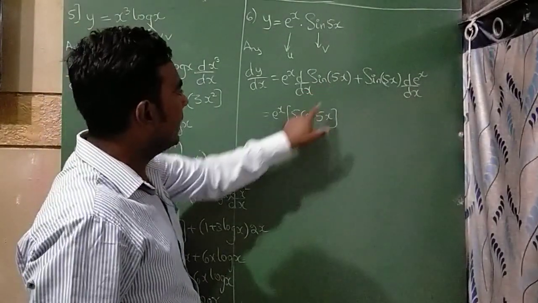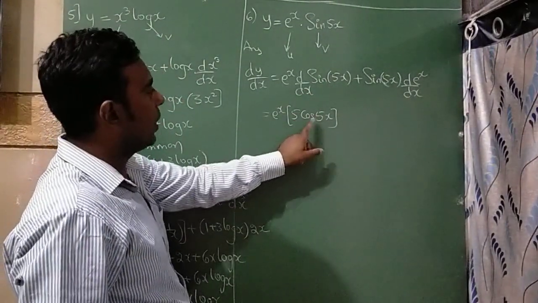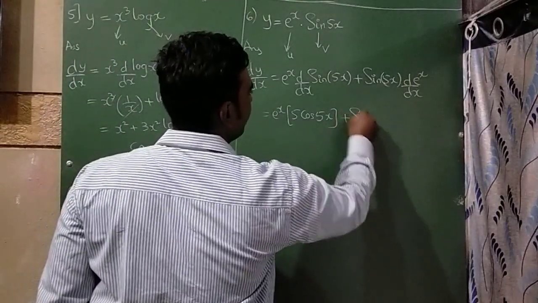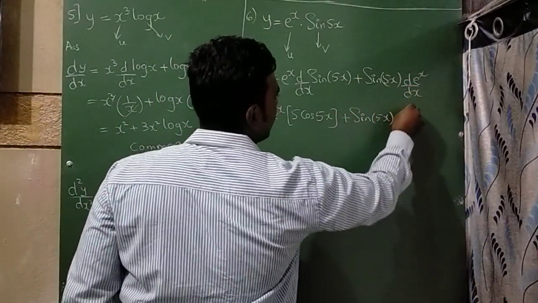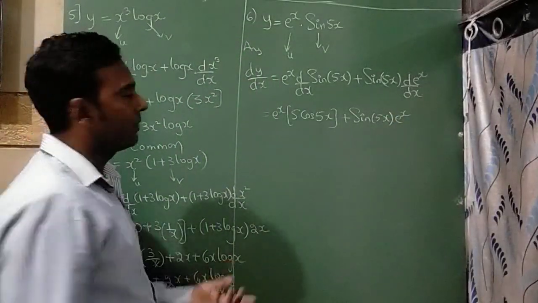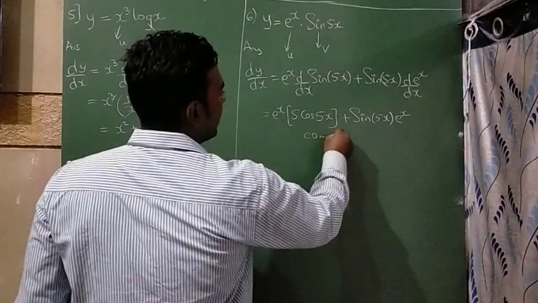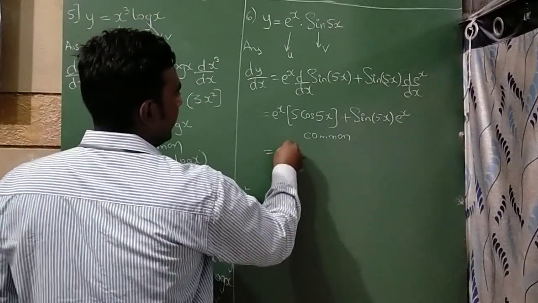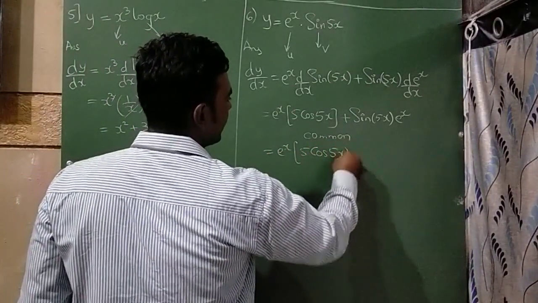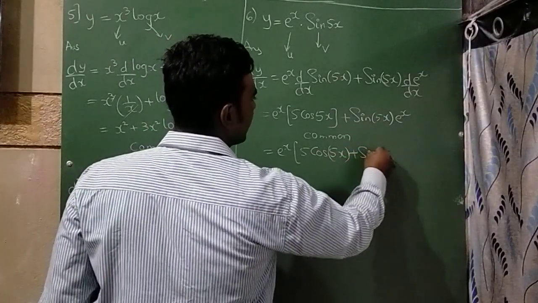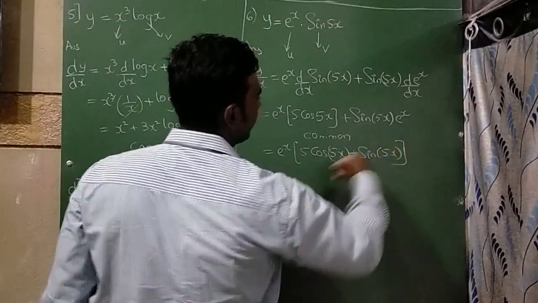Whatever the number will be here, you need to write here. So it is 5 cos 5x plus sin 5x d by dx of e raised to x is e raised to x itself. So what is common in this? Common is e raised to x. So you are left out with 5 cos 5x plus sin 5x.